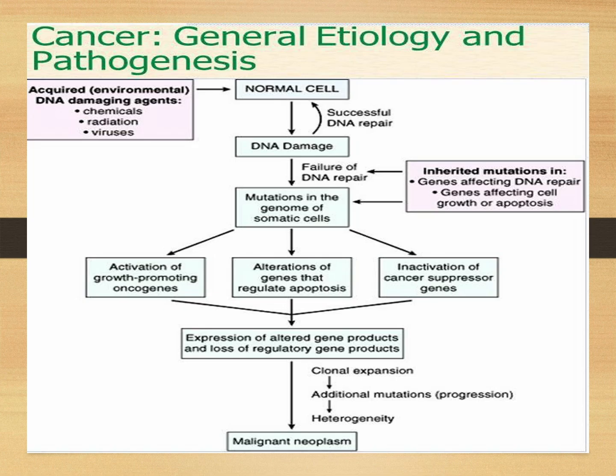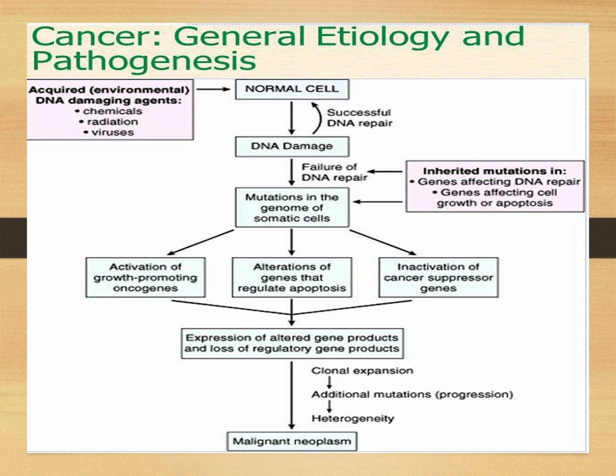This results in mutations in the genome of somatic cells. So it causes activation of growth-promoting oncogenes, or alterations of genes that regulate apoptosis, or inactivation of cancer suppressor genes.